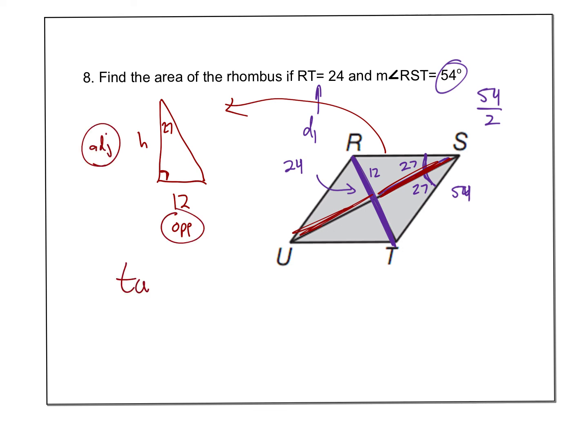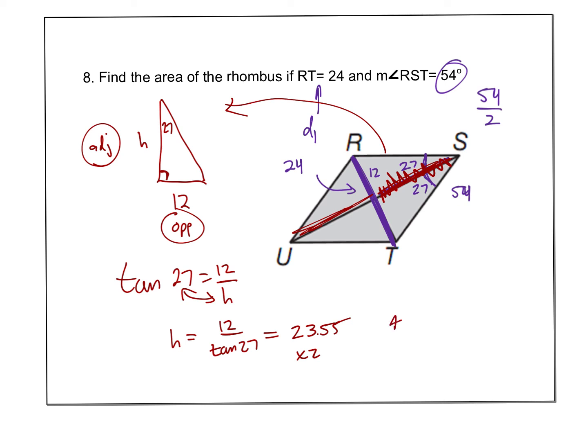That means I'm going to use tangent. Algebraically, all that happens is the h and the tangent of 27 switch places. So that's going to be an answer of 23.55. So one half diagonal is 23.55. Double it for 47.10, because there's two of them, this side and this side.